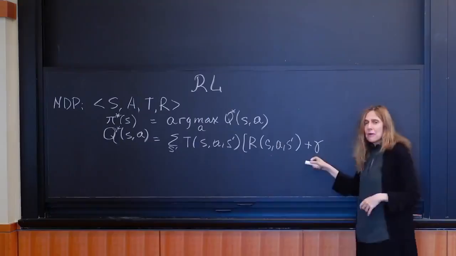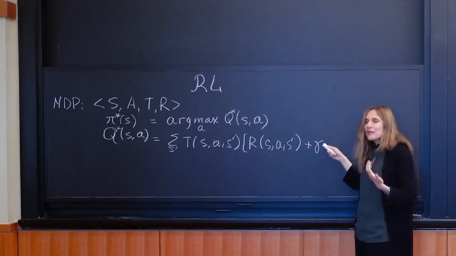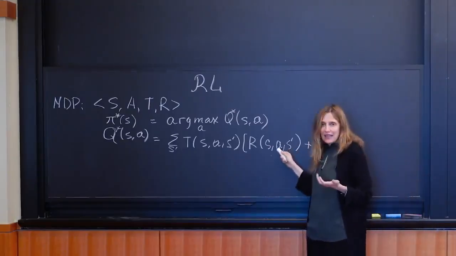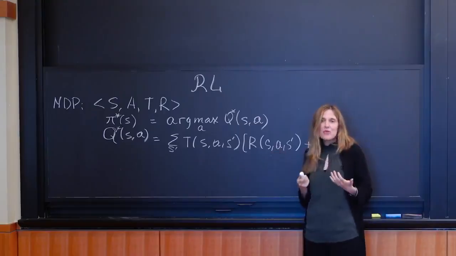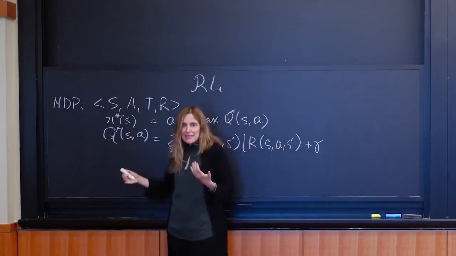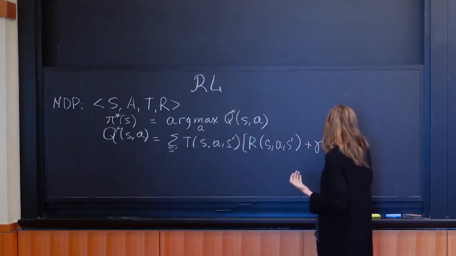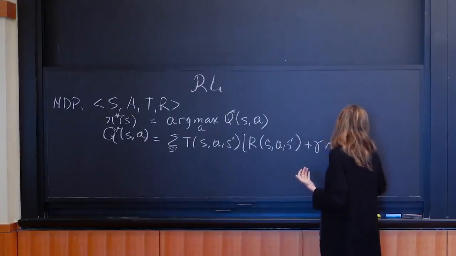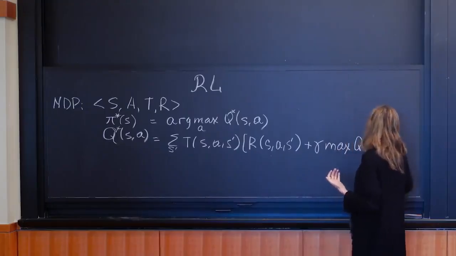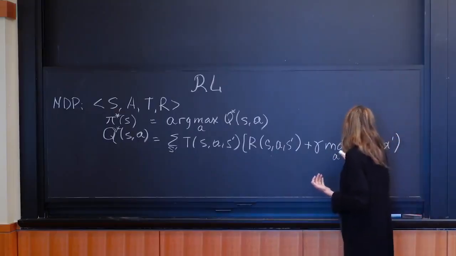Plus, we have gamma, which is our discounting factor. And then what I would have written is plus the value of the state S prime. But because I want to write it all in the language of Qs, instead I would write the maximum of Q(S prime, A prime) over A prime.